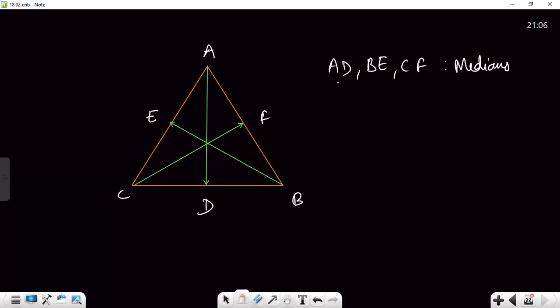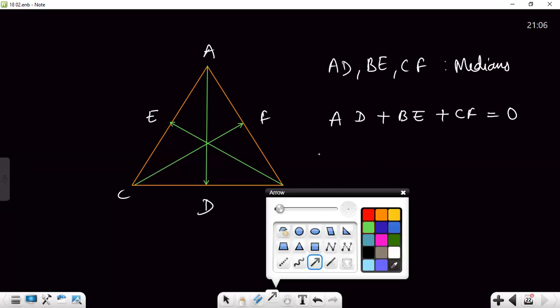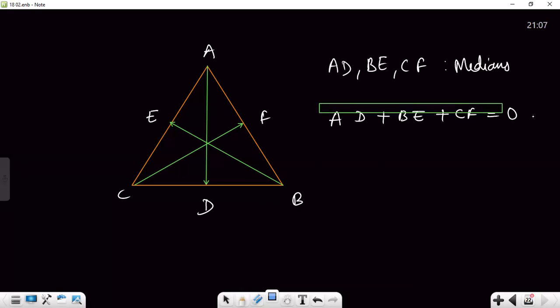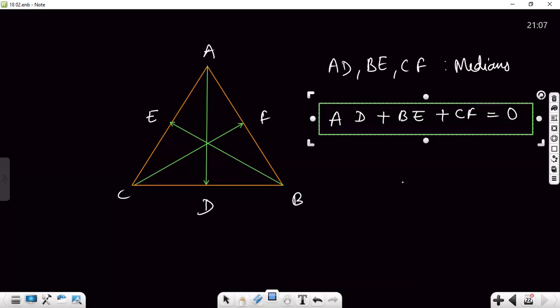If it is known to you, then the direct result is that the vector AD plus vector BE plus vector CF sum is going to be a zero vector, always and every time. AD plus BE plus CF is always zero. That is the result. Just take a note.